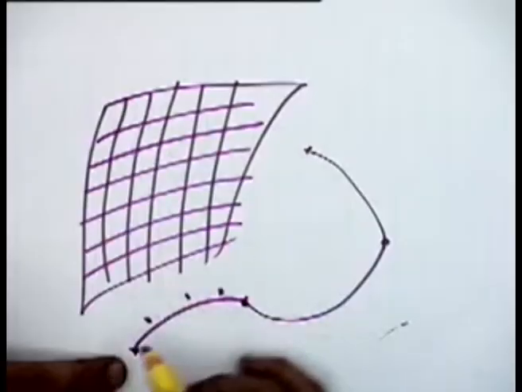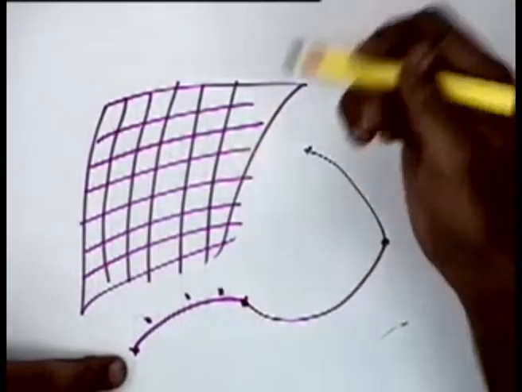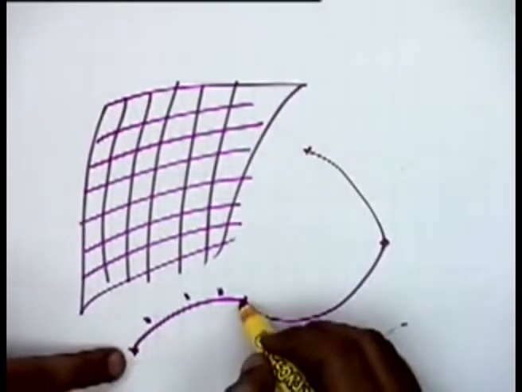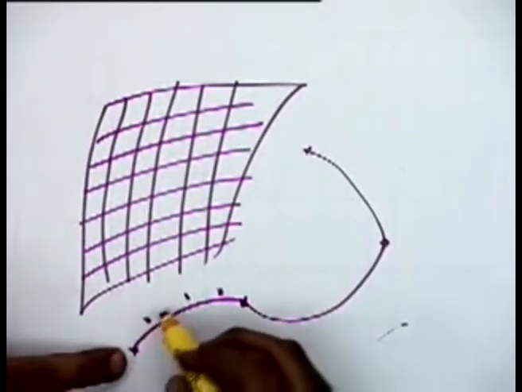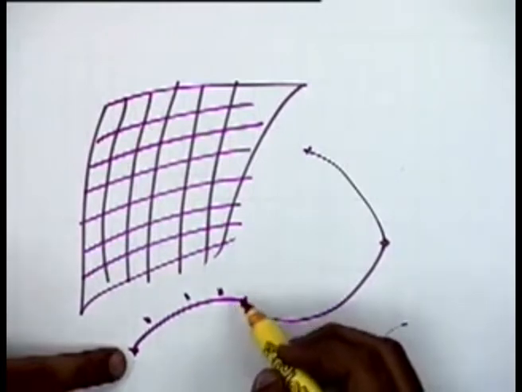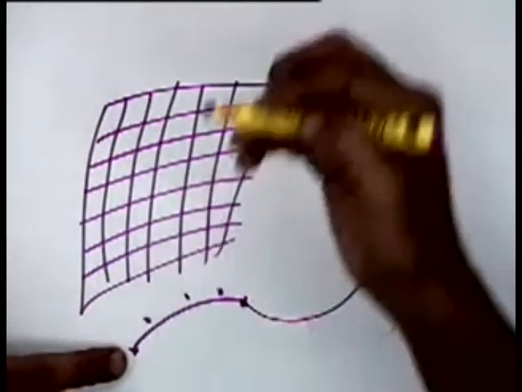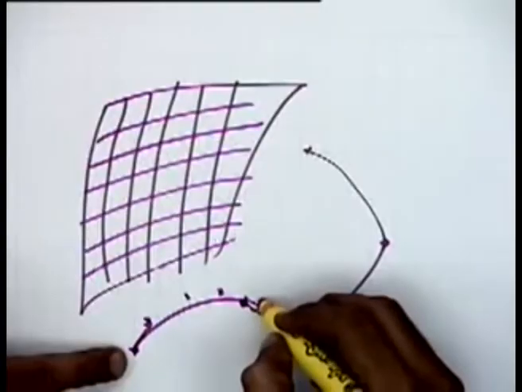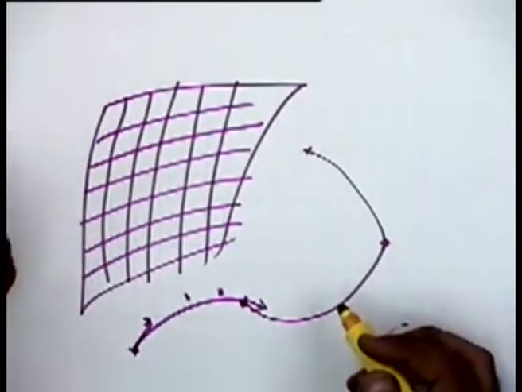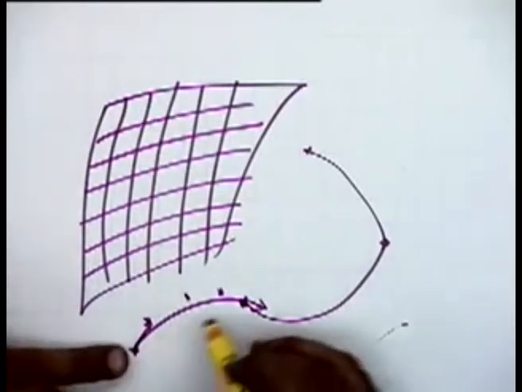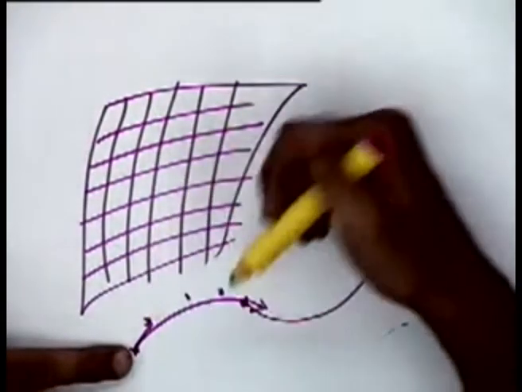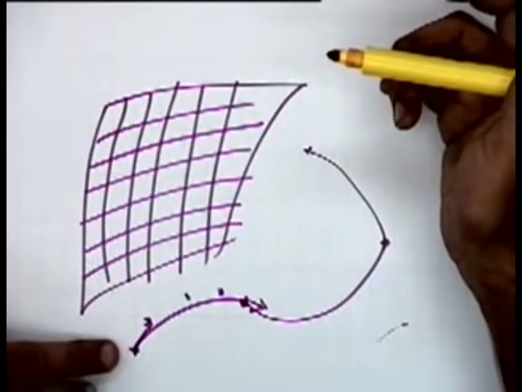If I am using 5 points, or 10 points, I will have a curve of the corresponding degree. So the curve will be modeled not just by the endpoints, but by a set of control points. Or if I am just giving the endpoints, I will also be specifying something in addition, maybe the direction of the tangent over here, or some such related information. Maybe I will specify the direction of the tangents, plus I will specify that this is a second degree curve. Then maybe just the endpoint would be sufficient.